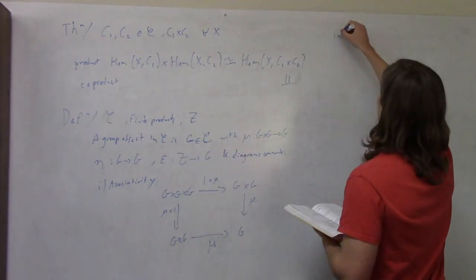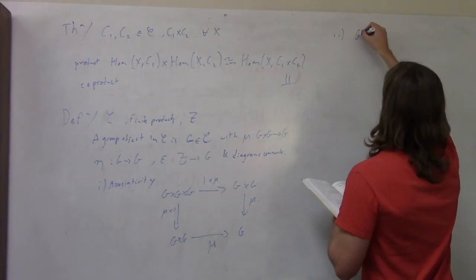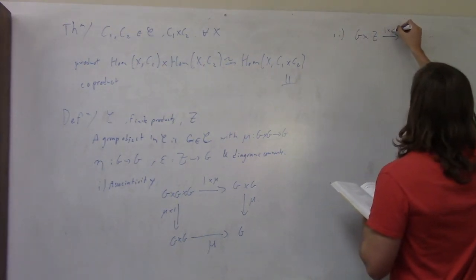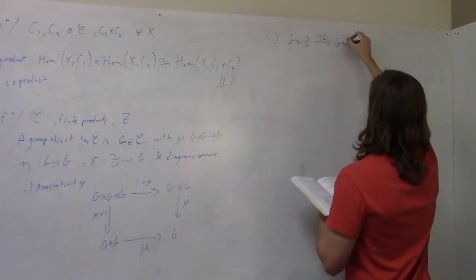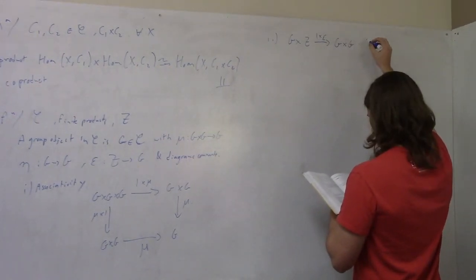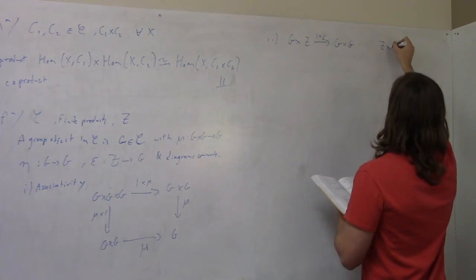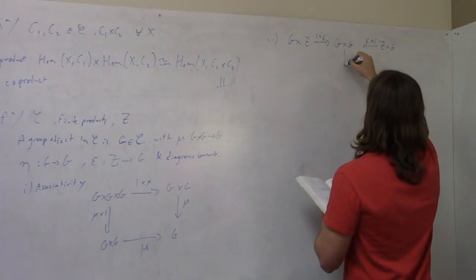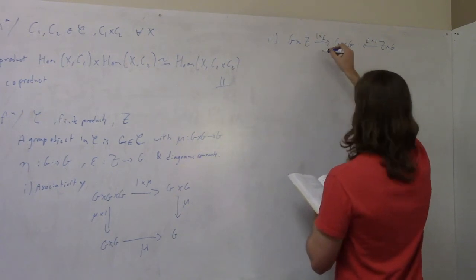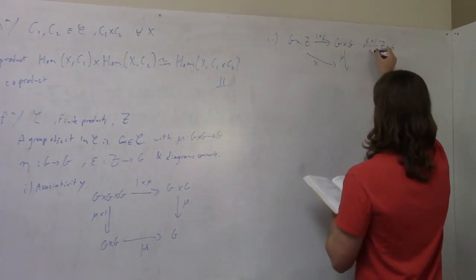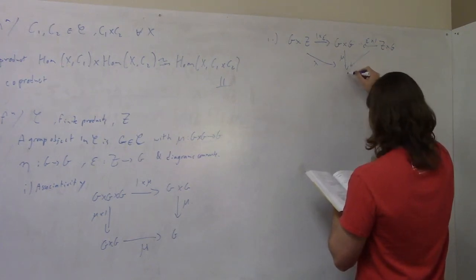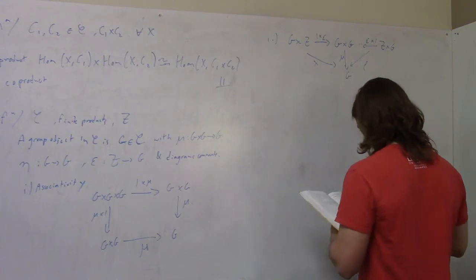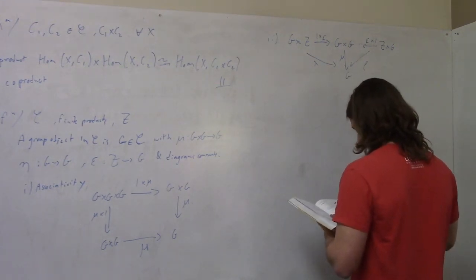Identity. Where lambda and rho are equivalences.